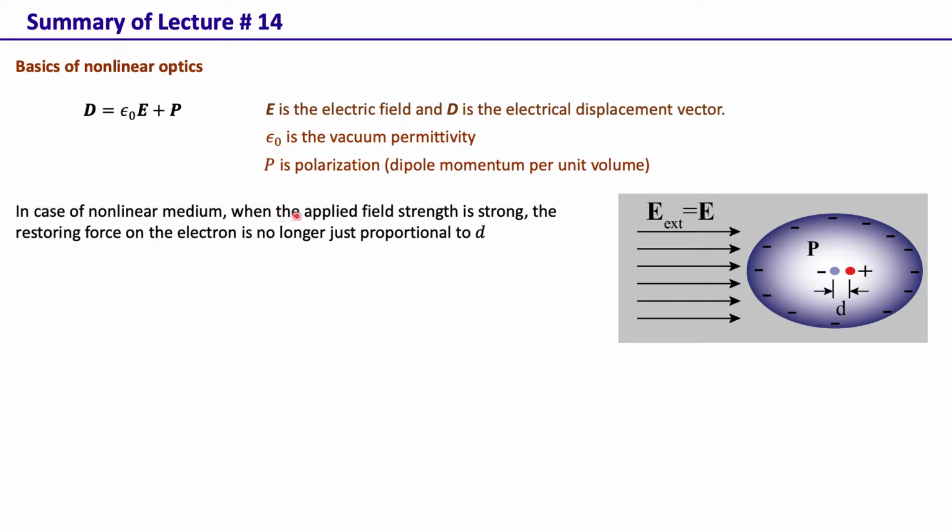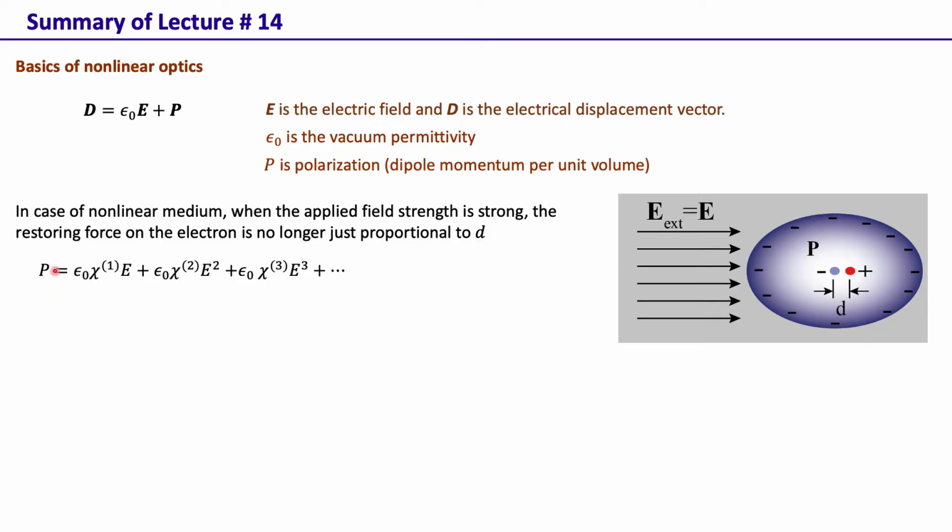When the applied field is not very strong, that's when a medium acts as a linear medium, the restoring force on the electron, and thus the dipole and polarization, are all proportional to d and thus to E. But when the applied field is quite strong, the medium starts acting non-linearly, and at that point the dipole moment and the polarization are no longer just proportional to d.